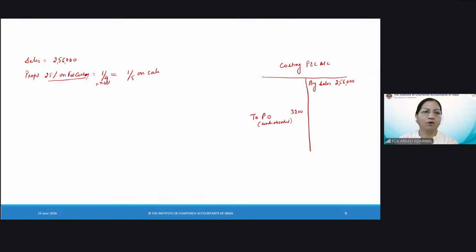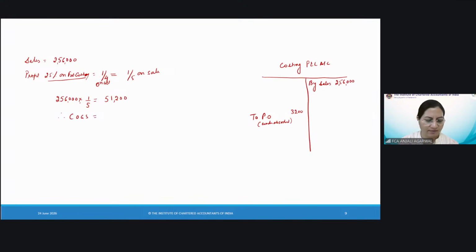So 1/4 on cost is 1/5 on sales. Therefore, profit contained in 2,56,000 is 2,56,000 into 1/5, which is 51,200.